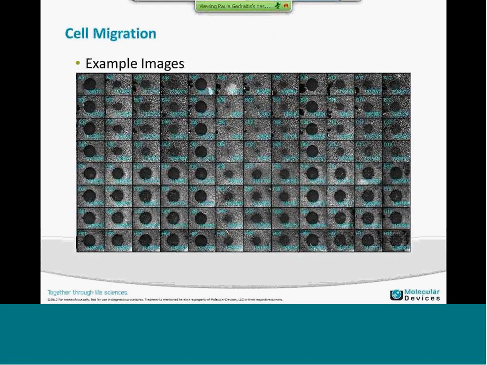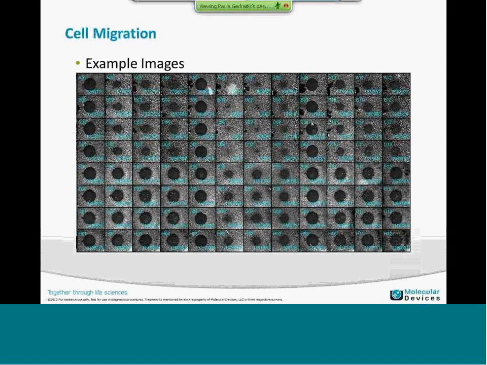So this is a montage of some images. As I mentioned, some of the wells have artifacts outside the central hole, and those are just from pipetting. That's what we're not supposed to count.